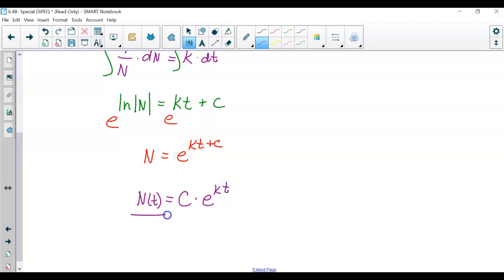kt. This is just exactly like it was in Algebra 1 or Algebra 2, where we had y equals some a times e to the x, okay? And they're the exact same. Beginning amount, or initial amount, is my constant C. So then what are we going to do?